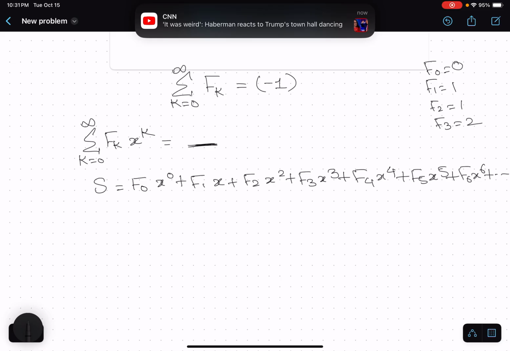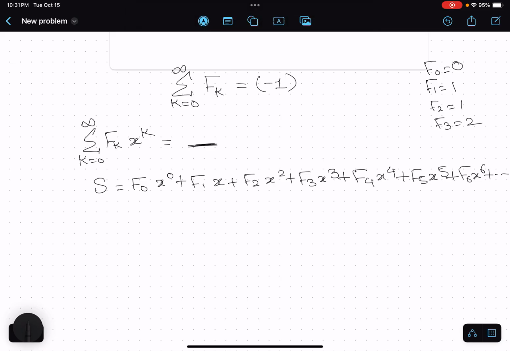Okay? Now, how do I manipulate this sum to get the required expression? I will basically try to use this formula of Fibonacci numbers, that f(n) equals f(n-1) plus f(n-2). So for that, what I can do is shift the terms.